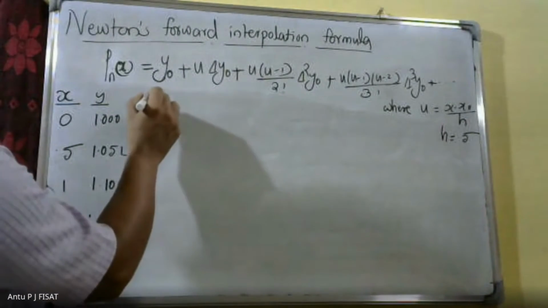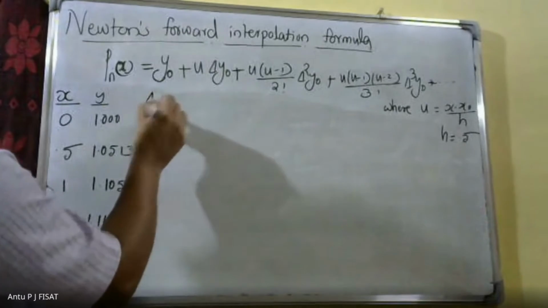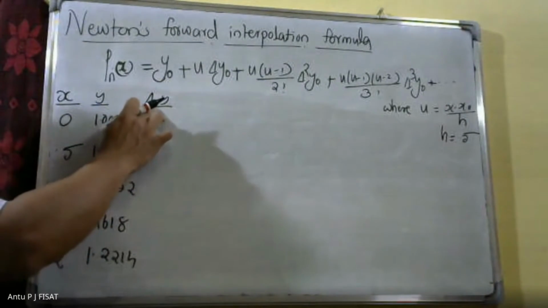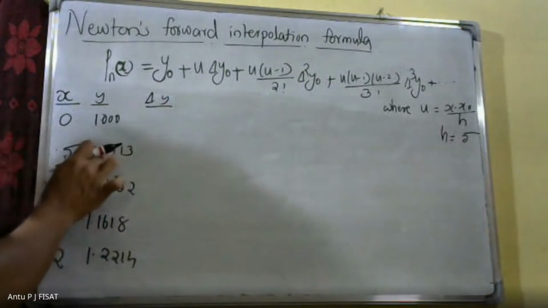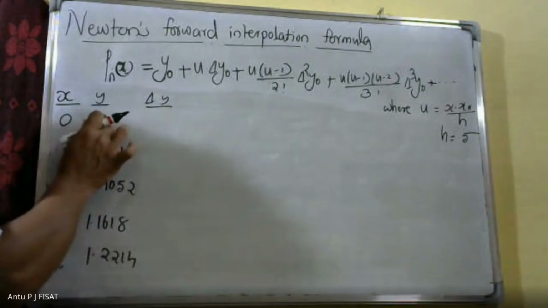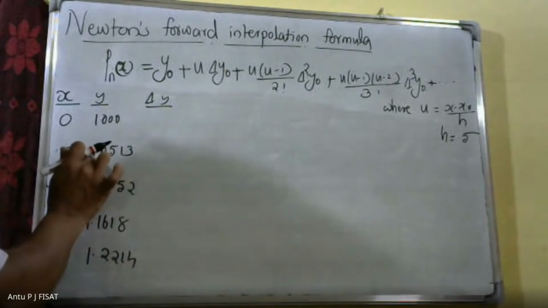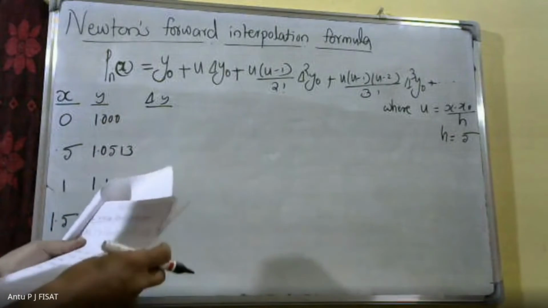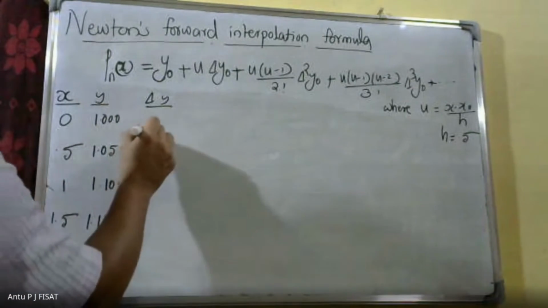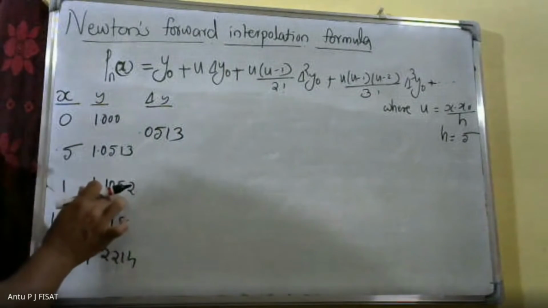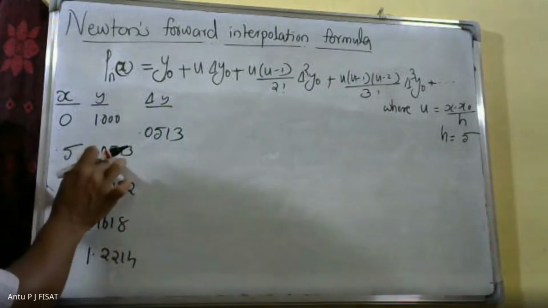Then make the column delta y. To make the column delta y, we take the difference 1.0513 minus 1.00, which is 0.0513. Similarly, take the difference 1.1052 minus 1.0513.